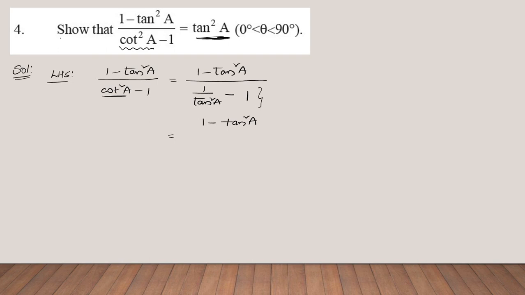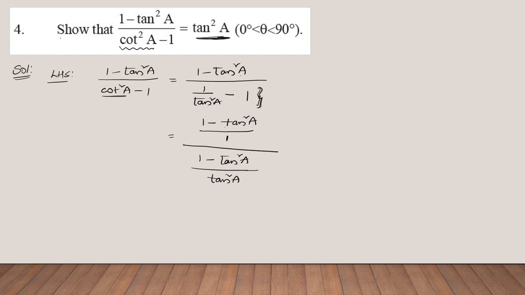So what I am going to do is simply make the numerator also a fraction. 1 minus tan square a I can write as 1 minus tan square a by 1, whole divided by, and here this denominator will become a fraction. What is the denominator? The denominator is tan square a, so the LCM is tan square a. Then I can write it as 1 minus tan square a.